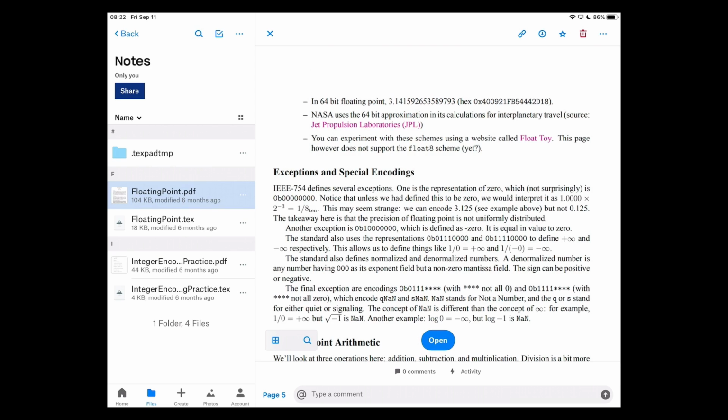And in 8 bits, where you have such limited precision to begin with, that may seem like a really bad idea. But think about doing this in 32 bits, where you're going to have quite a bit of precision, so it's not really a big deal to spend a couple of special encodings on infinity or not a number situations. Okay, so is that all right? So there are some exceptions, basically, is the moral of the story here.